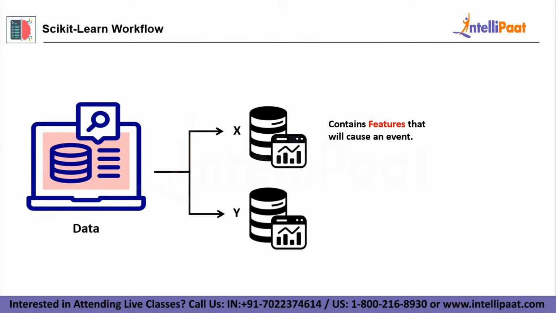For example, heavy rain and a faulty drainage system are the features that will lead to events such as waterlogging. That means the outcome here is waterlogging, and rain plus a faulty drainage system are the parameters responsible for that event. Now, y in our case will be the output data. I mean, it will contain the result which will occur on a given set of parameters.